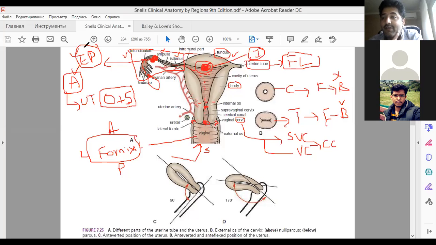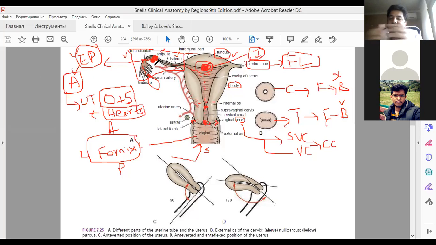Or you can say that two hearts are going to meet here. Two hearts are not going to meet in the park; they are going to meet here in the ampulla of the fallopian tubes.